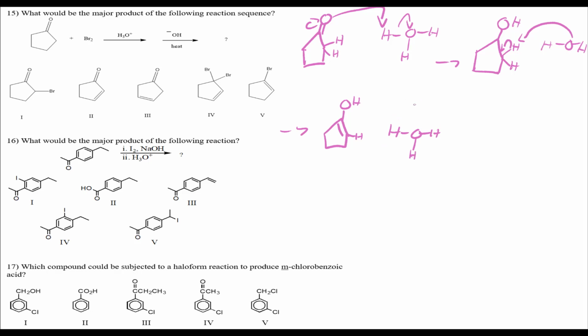That's what happens. Now we have our bromines. Whenever we add bromine, this cool thing occurs. So this becomes negative, this becomes positive. This alkene is very electron rich, so it's going to take out this bromine.